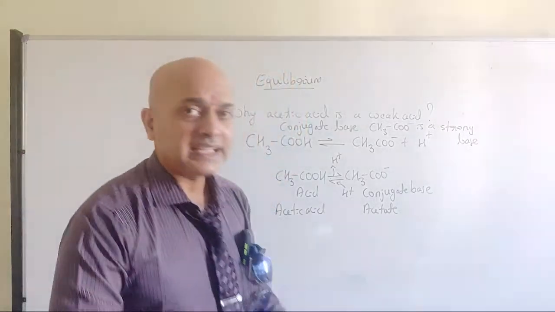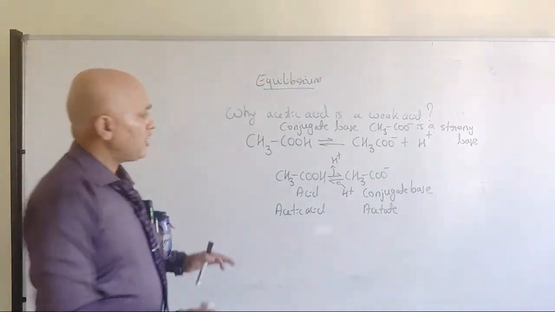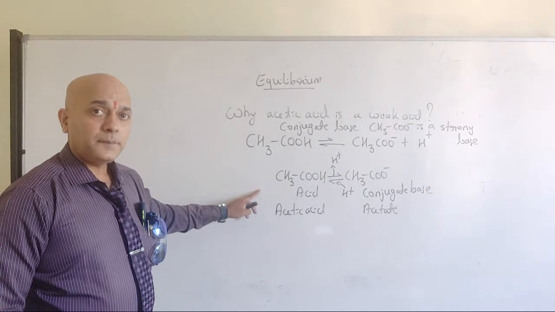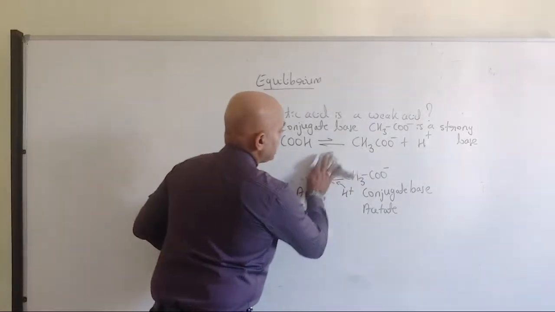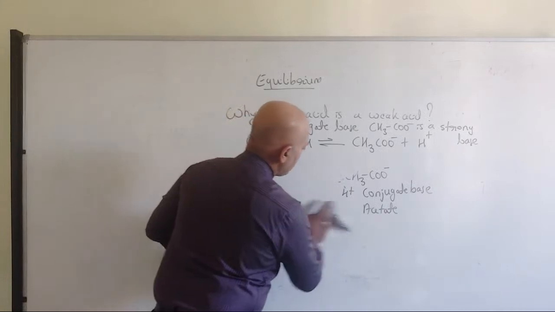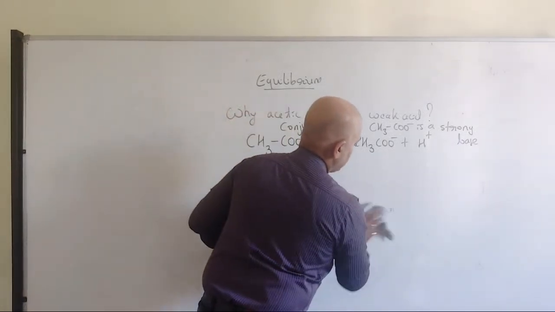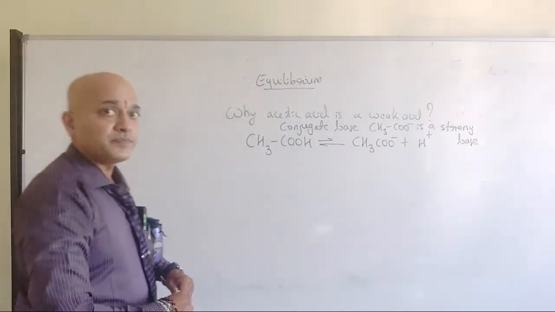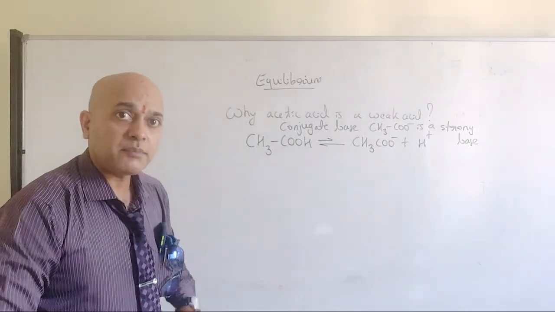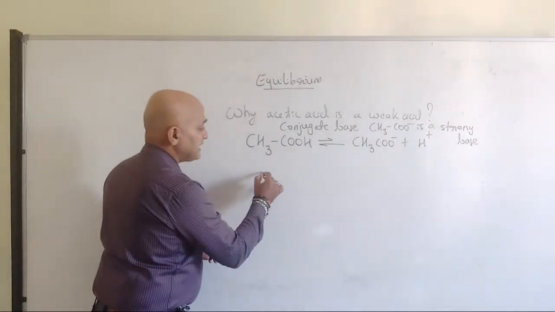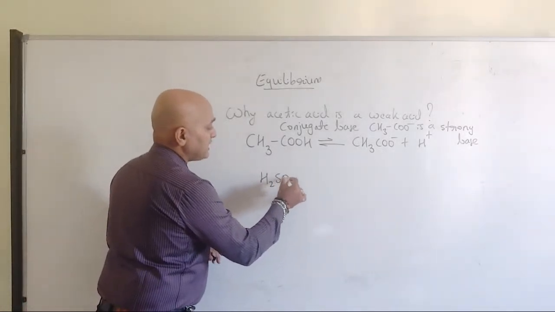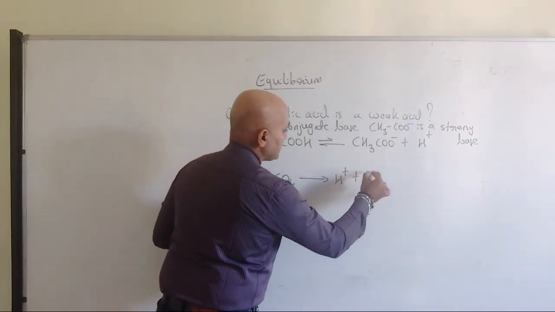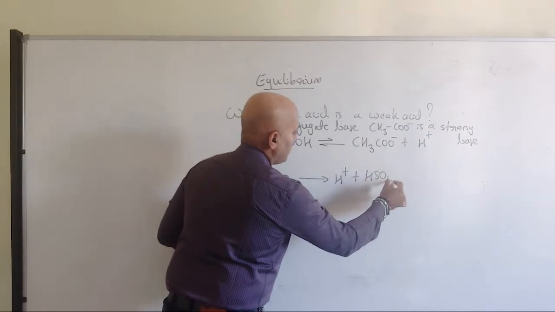Now the same, if I extend it to any of the strong acids. Any doubts here? No doubts? Okay. Now if I want to extend it to a strong acid, any strong acid I can take. I will take the example of sulfuric acid, which will dissociate as H plus and HSO4 minus.